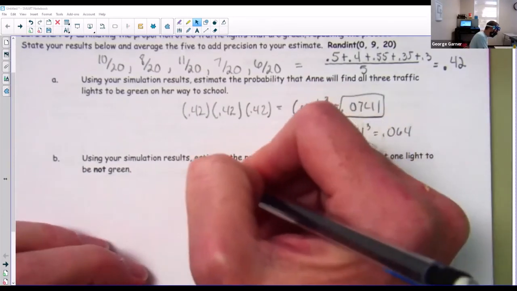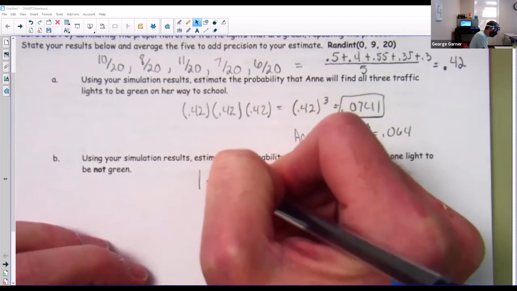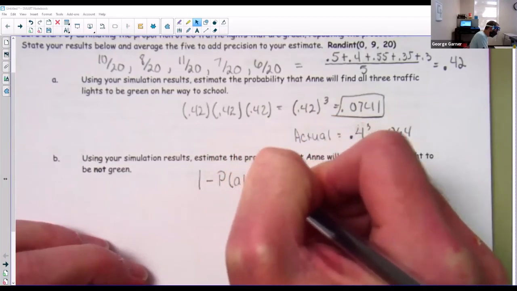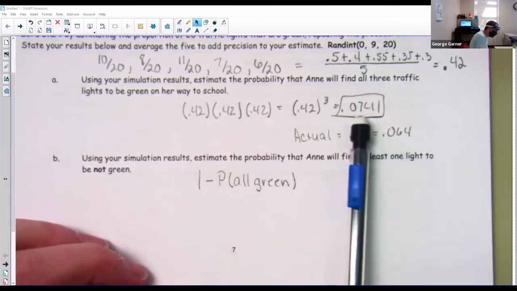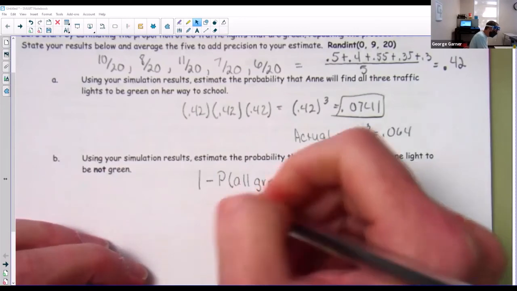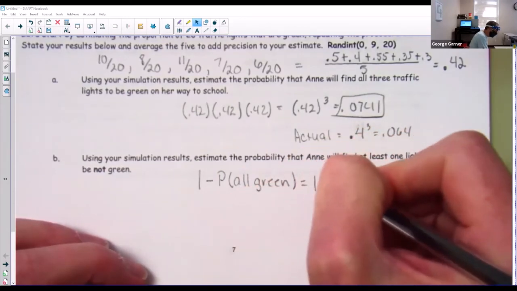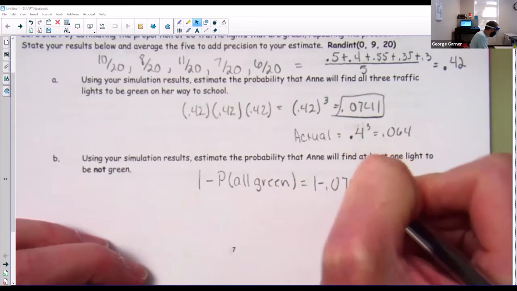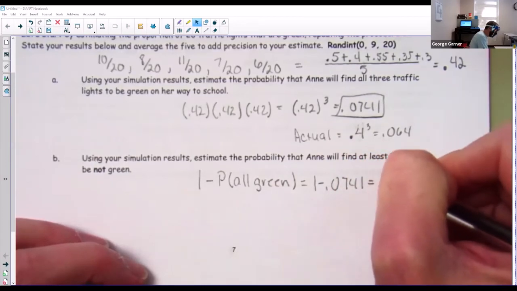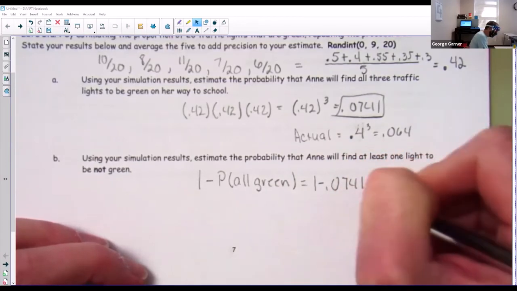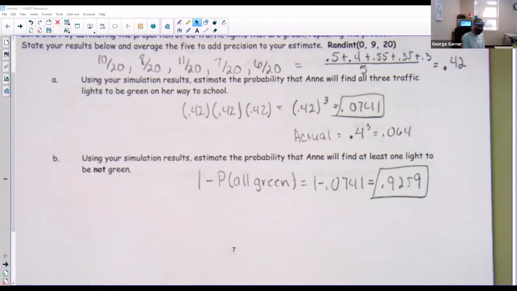So 1 minus the probability that they're all green. And we already know that answer, 0.0741. So it's 1 minus 0.0741, and that's going to be 0.9259. So don't worry about that if you weren't able to answer it. It's just there. I showed you.